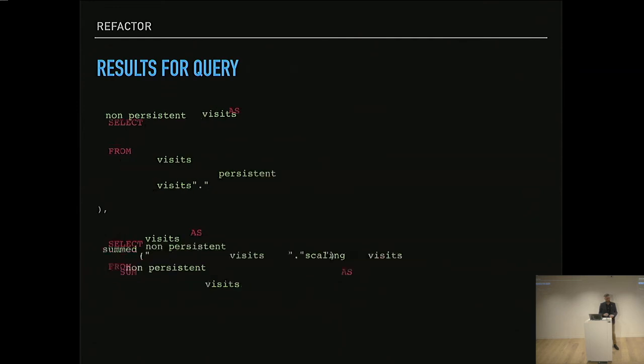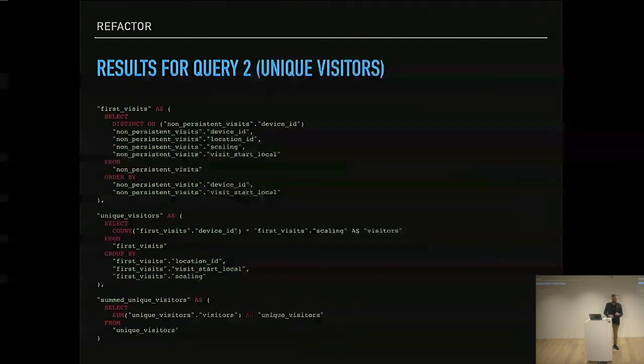Next, the second query was looking for unique visitors. And look, it's a good idea not to get too deep into the SQL on this because it's quite specific to the application. But I think what's important is that you can see we've reused this table non-persistent visits. That was the previous one that we'd used in the last query, but we're reusing that same data set. And from there, we finish off by summing up the unique visitors.